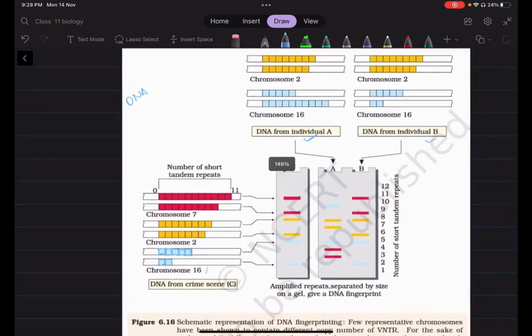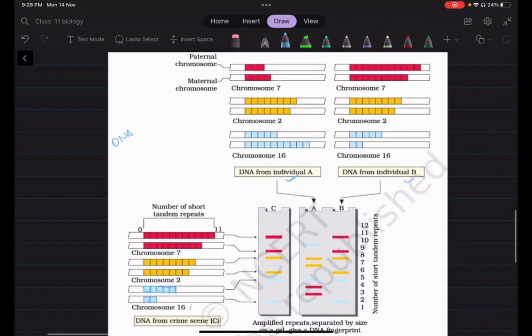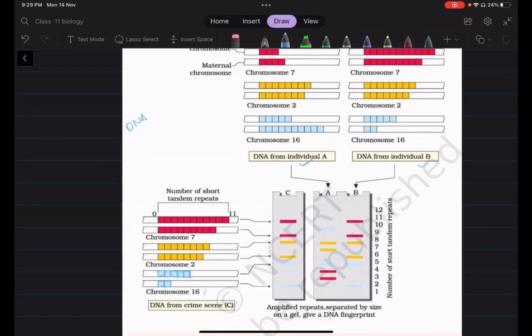If you go to the same corresponding chromosome 16 of the DNA samples, you will find that here it is repeated 5 times. So yes, there is a similarity here. But if you see the other chromatid, you will find 1, 2, 3, 4, 5, 6, 7, 8, 9, 10, so 10 instead of 2. Here you can see it is exactly the same.